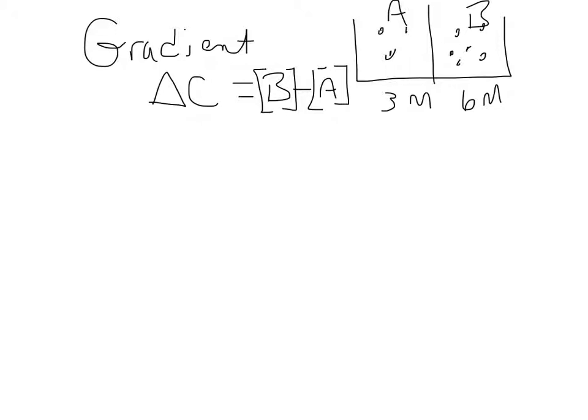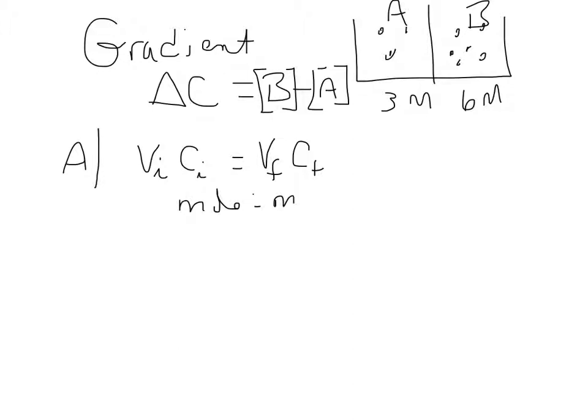Now the concentration gradient of the solute will determine the osmotic gradient and therefore the movement of water. And what we're going to have then is, let's pick side A. And we know that the initial volume times the initial concentration will equal the final volume times the final concentration, because moles equals moles.